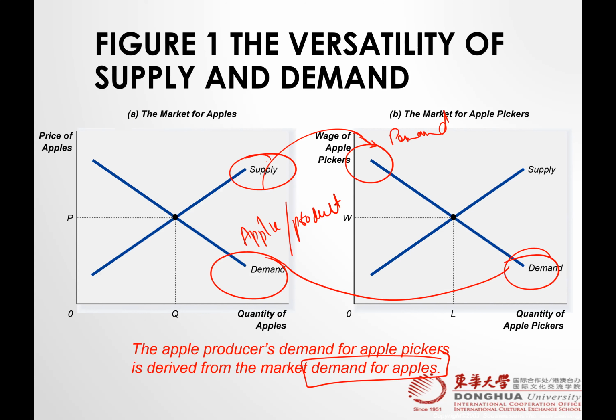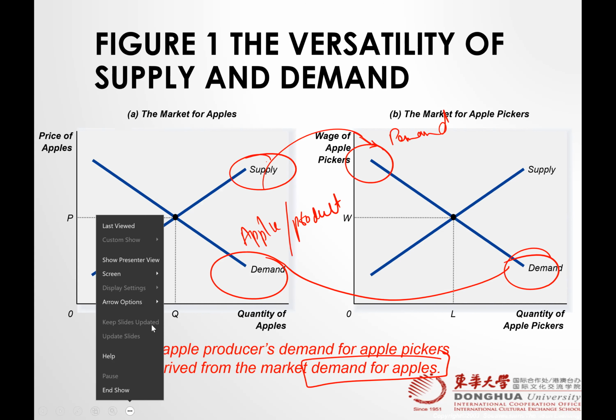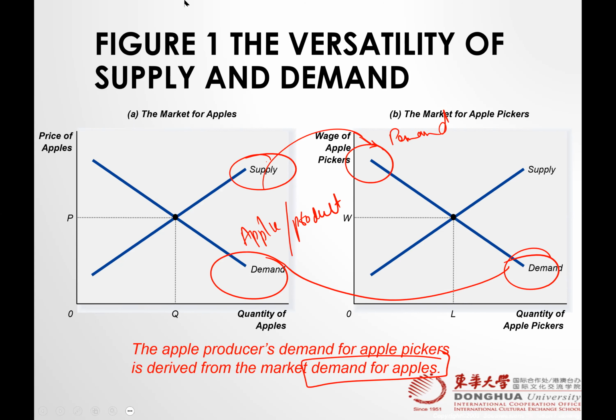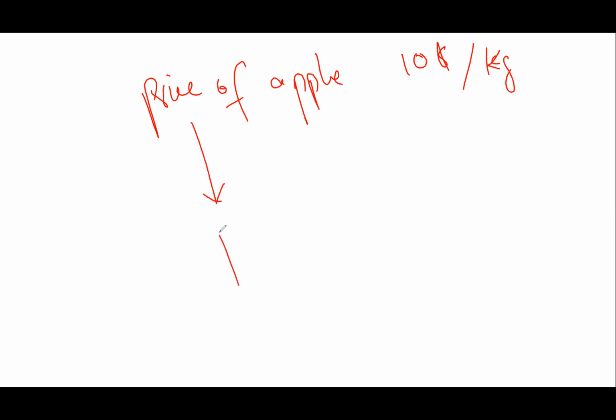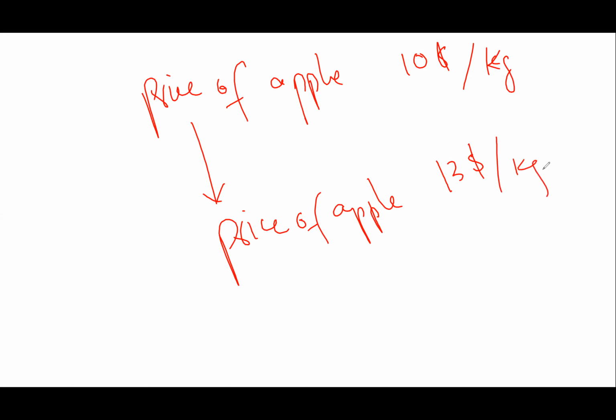If you don't understand that, then let me give you a very easy example. Let's talk about the apple example. If the price of apple is right now $10 per kg, and what if the price of apple increases to $13 per kg?